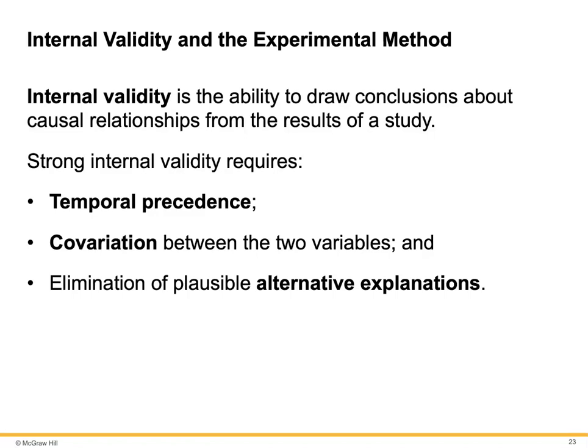So when we design research, a great deal of attention is paid to eliminating alternative explanations, because doing so brings us closer to the truth. So eliminating alternative explanations is fundamental to internal validity. The experimental method begins by attempting to keep such variables constant through random assignment and through experimental controls.